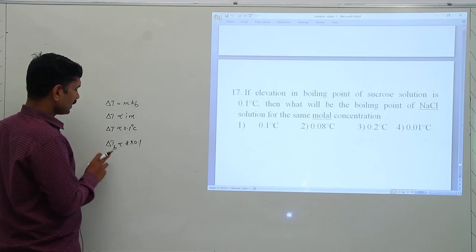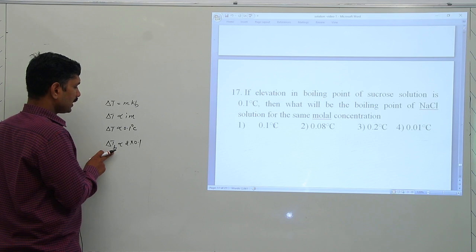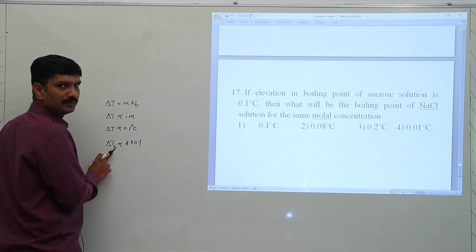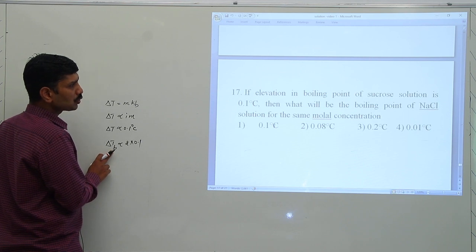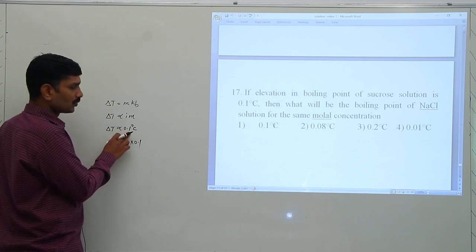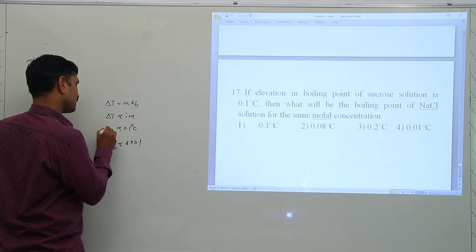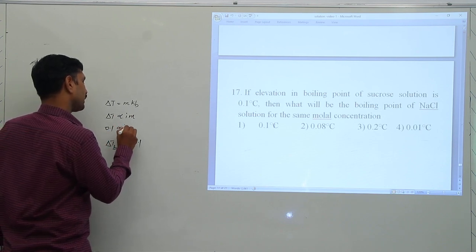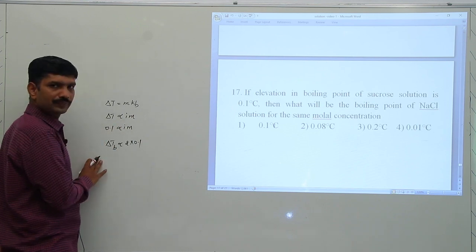So the elevation of boiling point is given. Here, what is the elevation of boiling point for sucrose? It is 0.1. Here I into M, but the I value is 1 here.